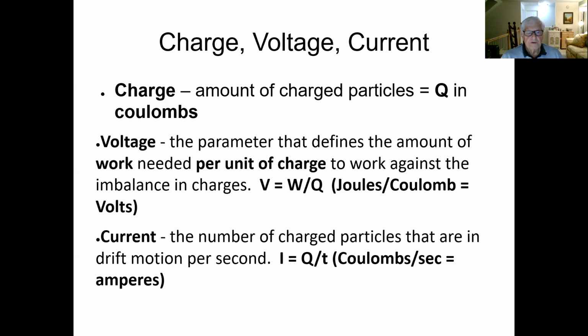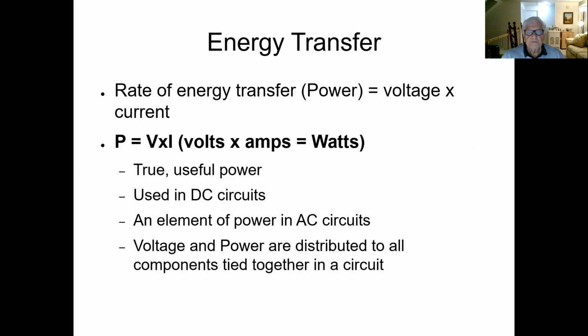Current then is the amount of that flow of those charged particles. So current I is equal to the number of coulombs divided by the time. I mean, how many coulombs are transferred in a unit of time, in a second? That's current.